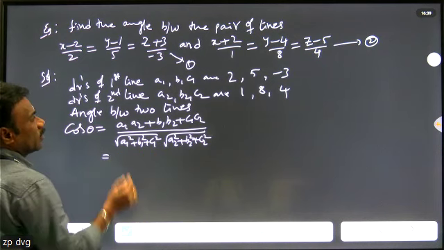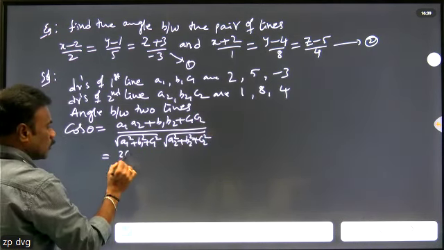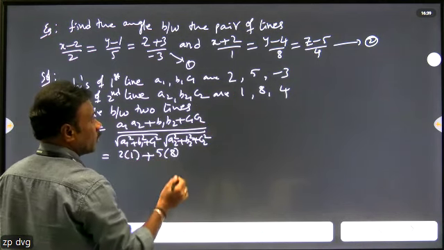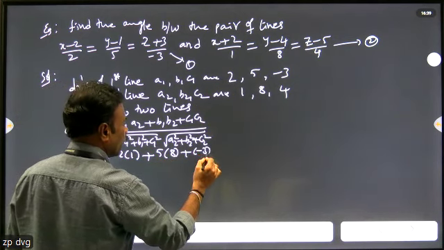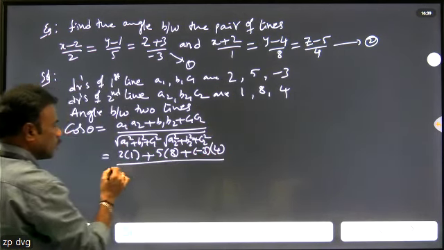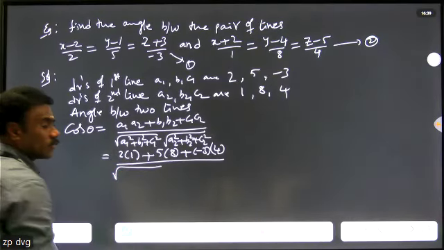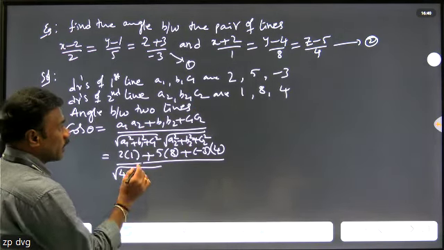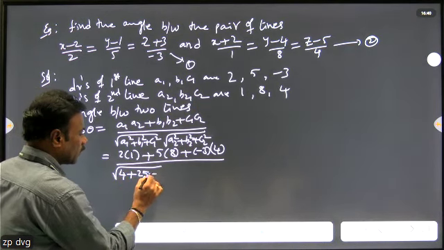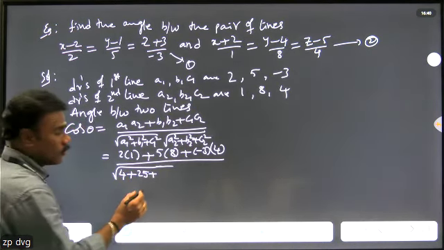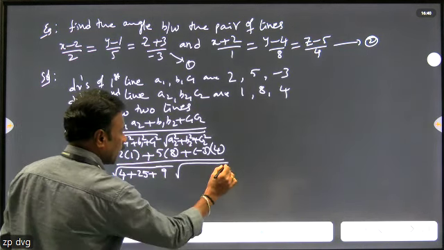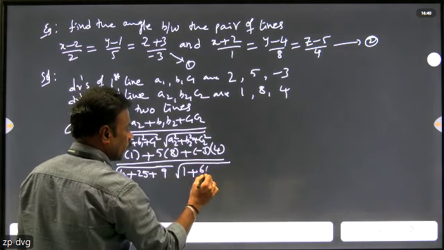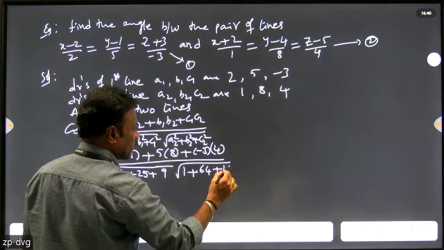A1 A2 is 2 into 1, plus B1 B2 is 5 into 8, C1 C2 is minus 3 into 4, by square root of A1 square, 2 square is 4, B1 square 5 square is 25, C1 square minus 3 whole square is 9, into square root of A2 square 1 square is 1, 8 square is 64, and 4 square is 16.